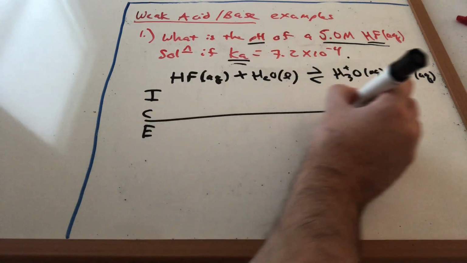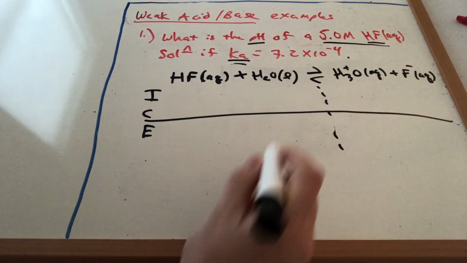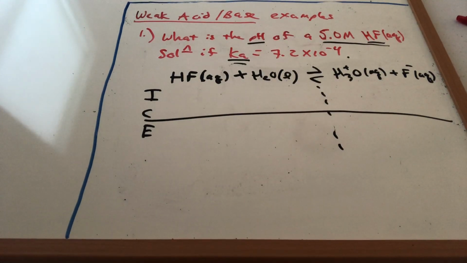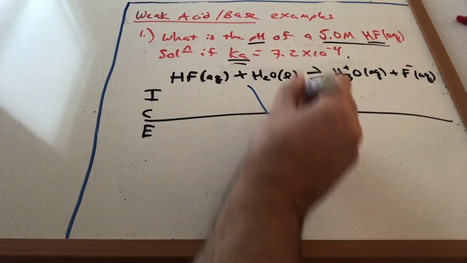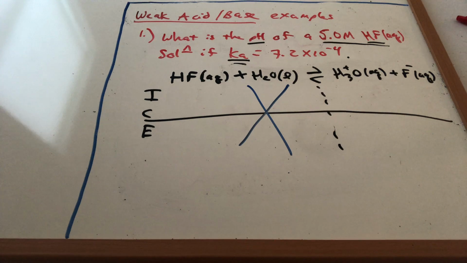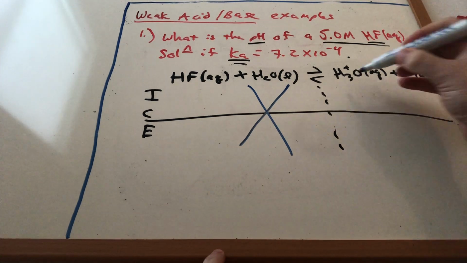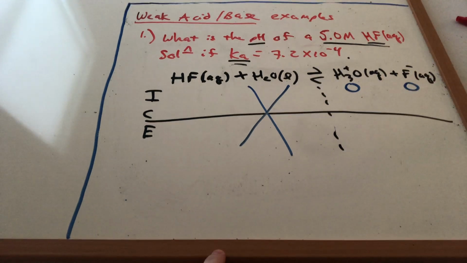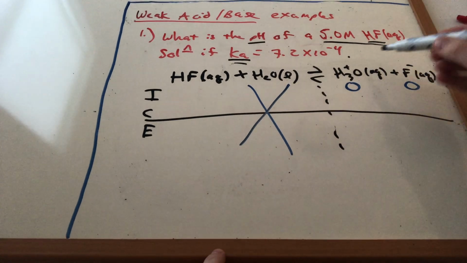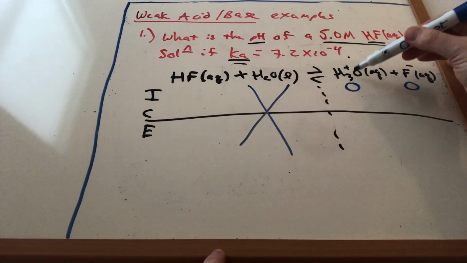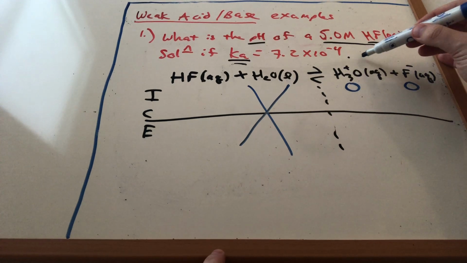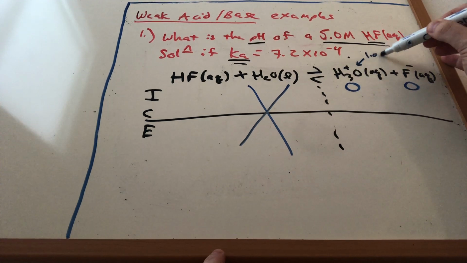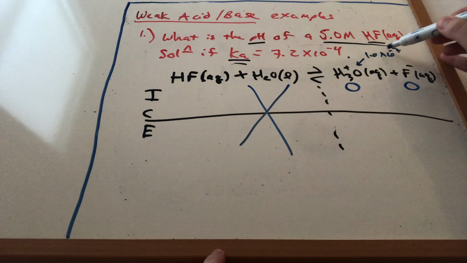So I'm going to do an ice table. What do I do with liquids inside ice tables? With liquids inside ice tables, we X them out. What initial information are we given about H3O plus and F minus? We're not given any. Now you might be saying to yourself, wait a second, we just went over water as having an H3O plus concentration to start with of 1.0 times 10 to the minus 7.